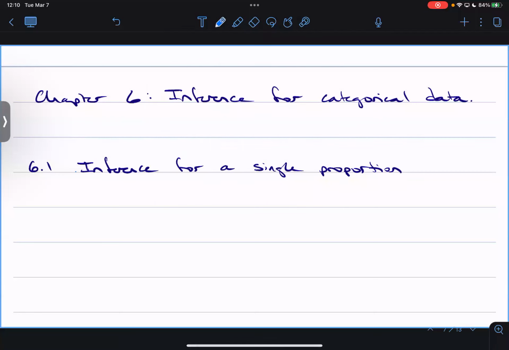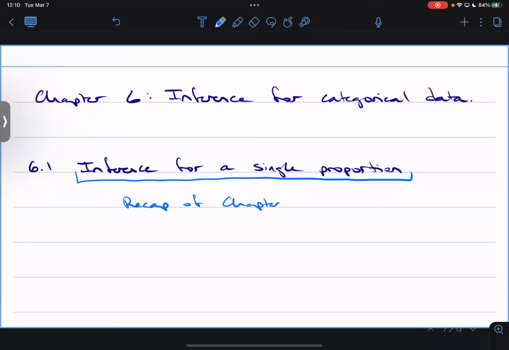It's a recap of chapter 5. We introduced a one sample proportion question type. If you want to recap, you can read all of chapter 6.1.